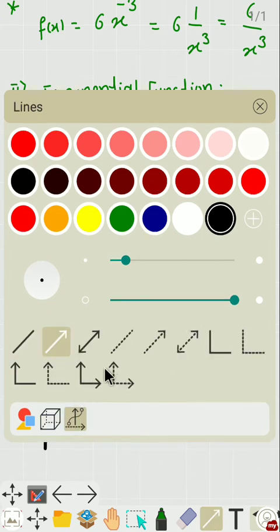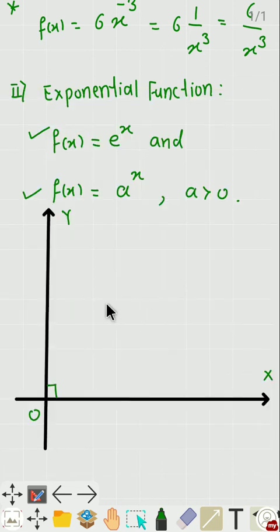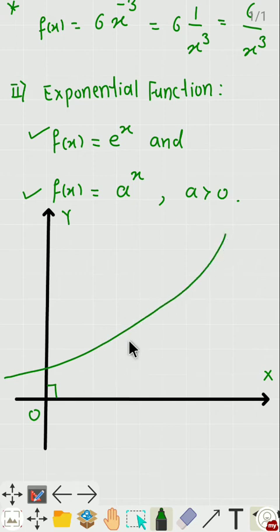So I try to draw the graph of the exponential function.